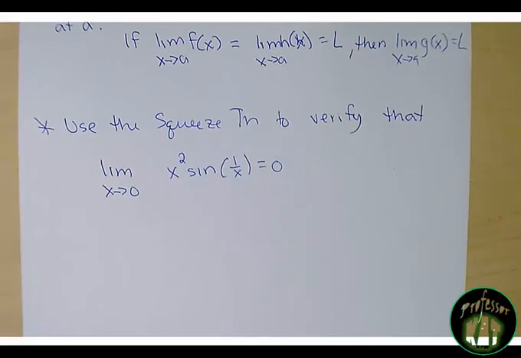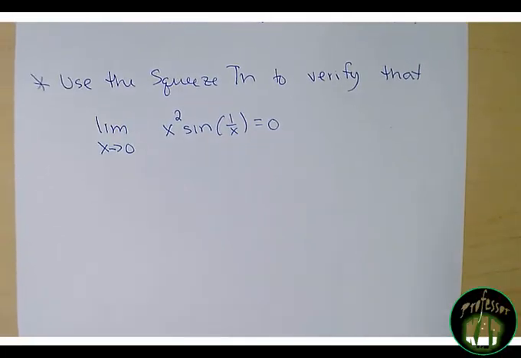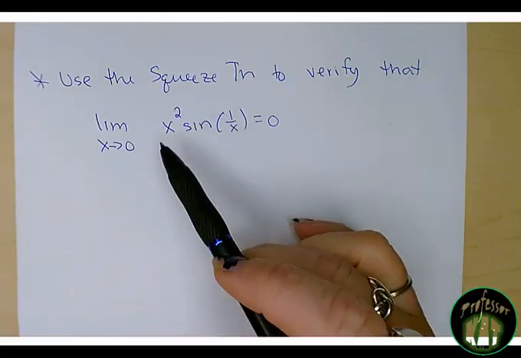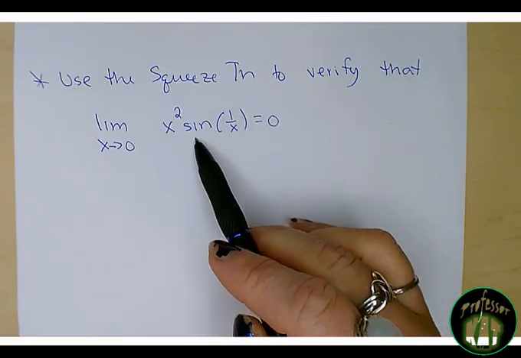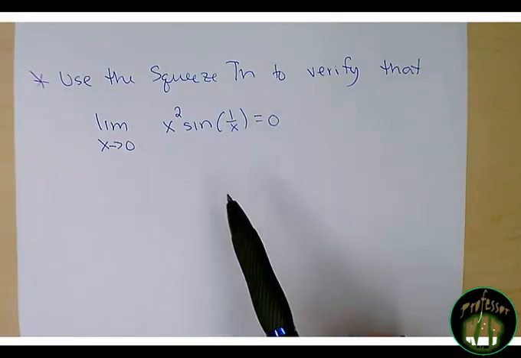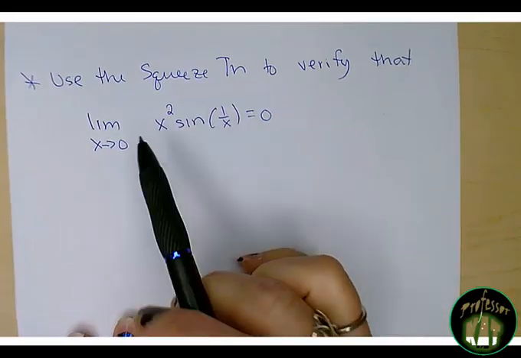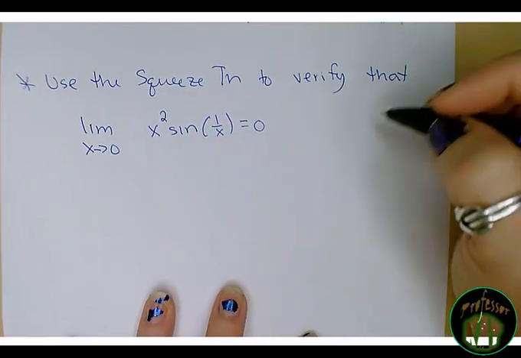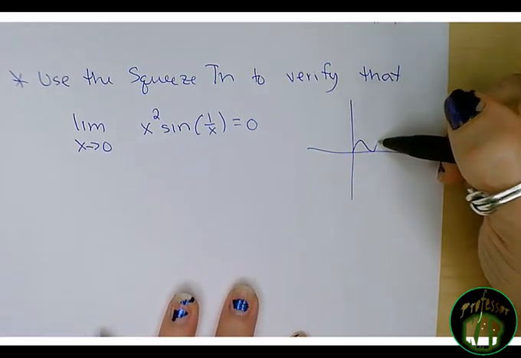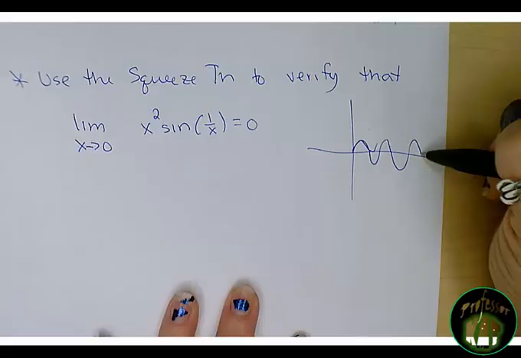So we're going to run through this example here: use the squeeze theorem to verify that the limit as x approaches 0 of x squared times sine 1 over x does equal 0. Now, in order to understand this example, we need to understand the sine function. What we should hopefully know about the sine function is that it's a wave.